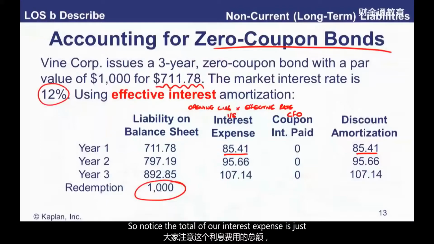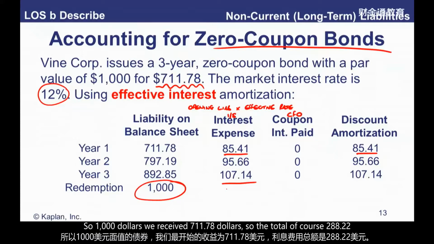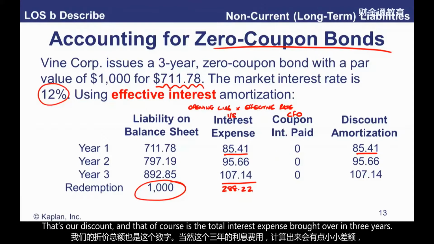So notice the total of our interest expense is just simply the discount compared to par. So $1,000, we received $711.78. So the total, of course, 288.22. That's our discount, and that of course is the total of the interest expense spread over the 3 years.